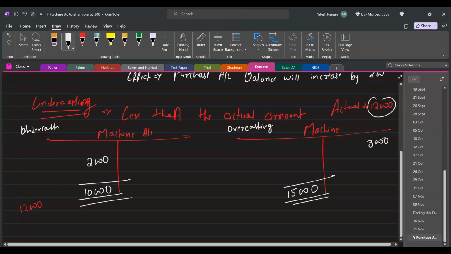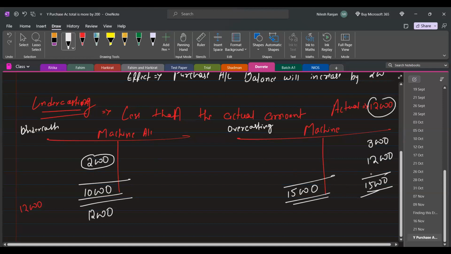So that's what I'm saying: in undercasting, if you write the difference amount on the same side, then it will become 12,000. Yes or no? And if you write in overcasting on the opposite side, then it will also become 12,000.